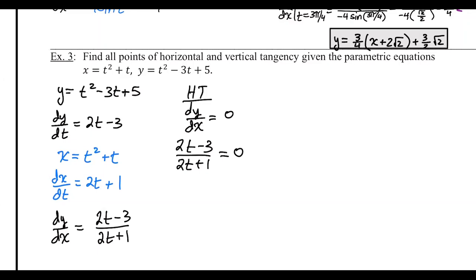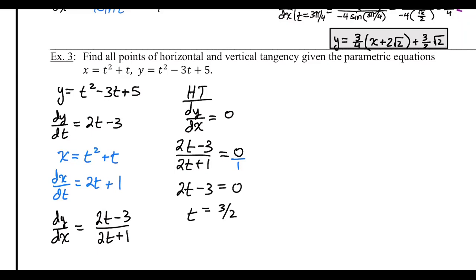So we're going to cross multiply, right? Because it's a proportional relationship, and we get 2t minus 3 is equal to 0. Solve for t, you get t equals 3/2. All right. Now you got to think about what a point is. A point's a location. Point, also known as a coordinate, right? First off, I haven't verified that this is actually a point where there would be a horizontal tangent, so I got to get into that.